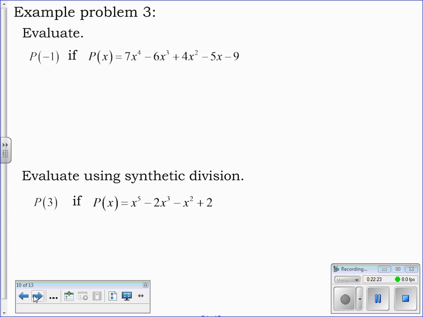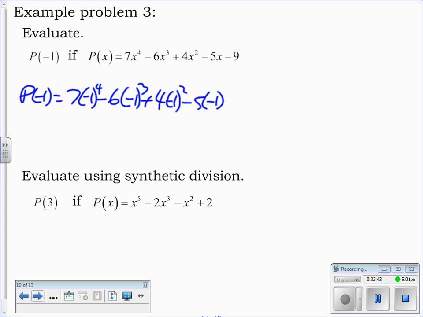But I can use synthetic division. Now, if I'm not using synthetic division, if I want to know what p of negative 1 is, that means p of negative 1 is 7 times negative 1 to the 4th minus 6 times negative 1 cubed plus 4 times negative 1 squared minus 5 times negative 1 minus 9, and I got to figure that out. Now, with negative 1, it's not that hard.